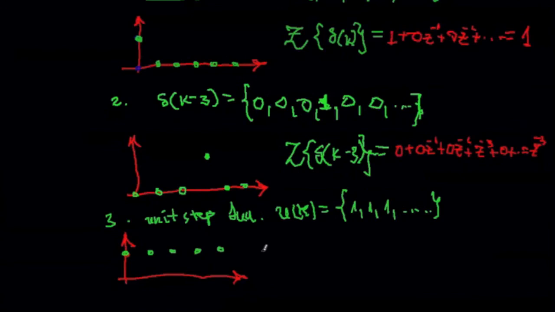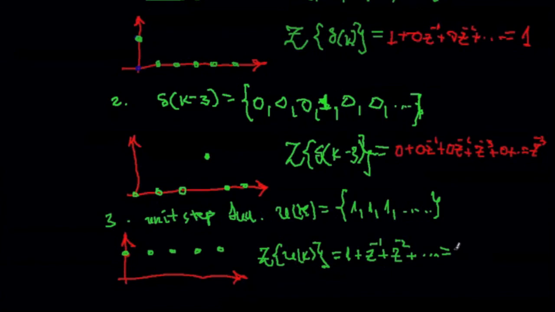If we apply the Z-transform to u of k, we will have 1 plus z minus 1 plus z minus 2 plus and so on.